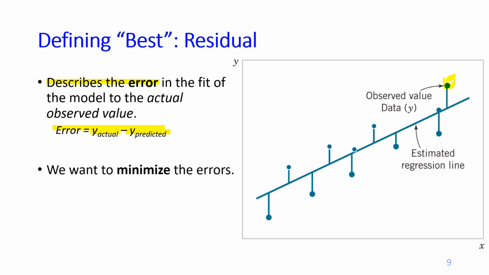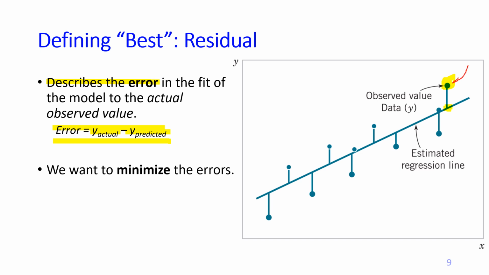Here, the y actual is exactly the y value of the data point, and the y predicted is the predicted value based on our regression line or our regression model. So the error is defined as the difference between the y actual and the y predicted.